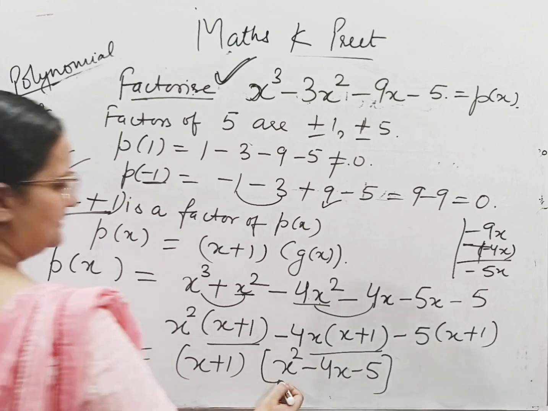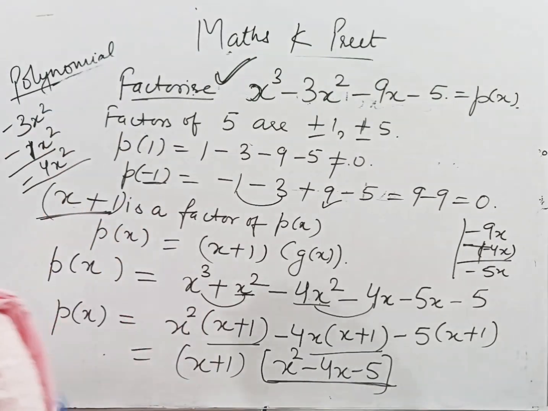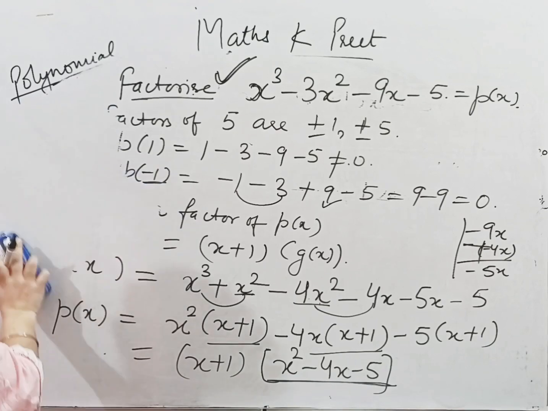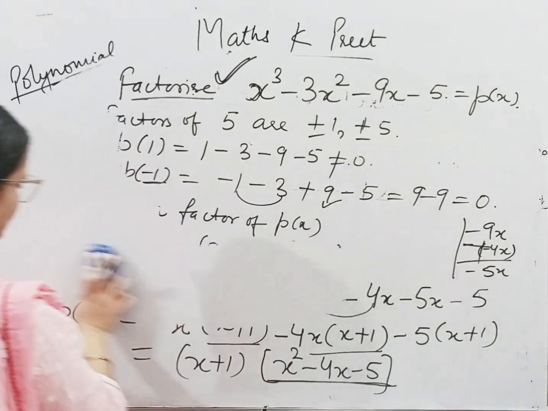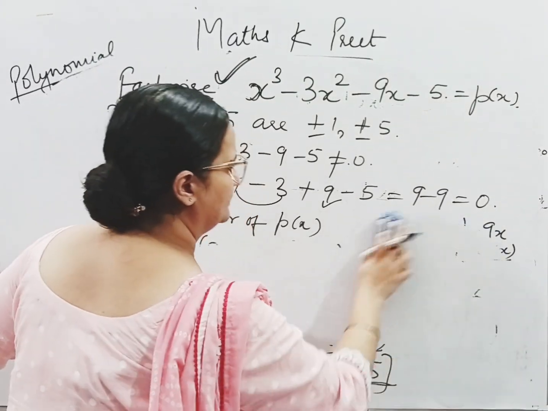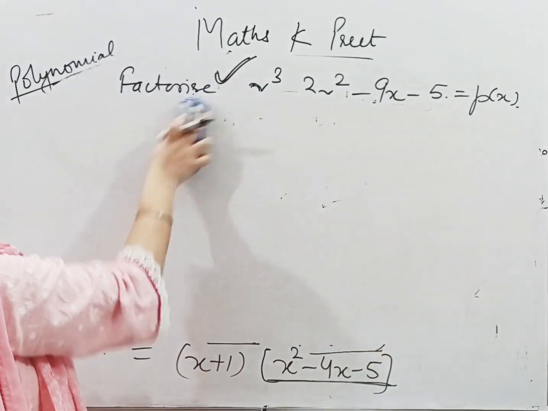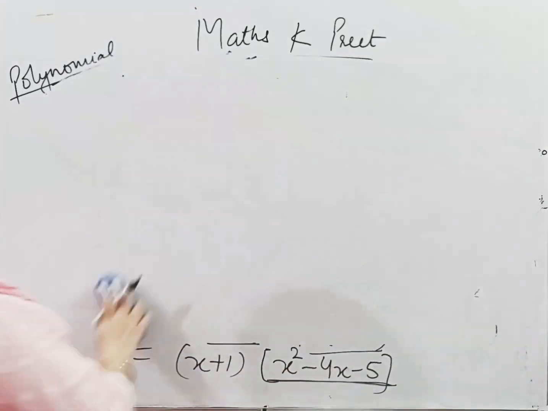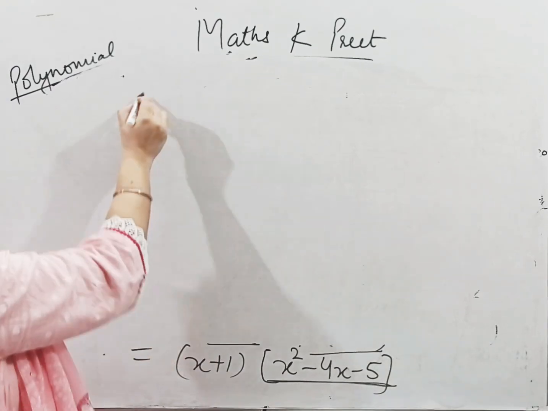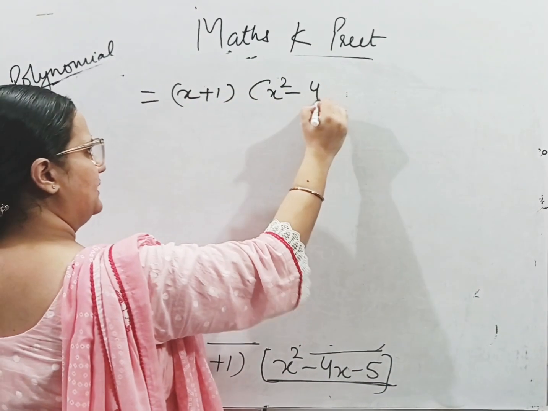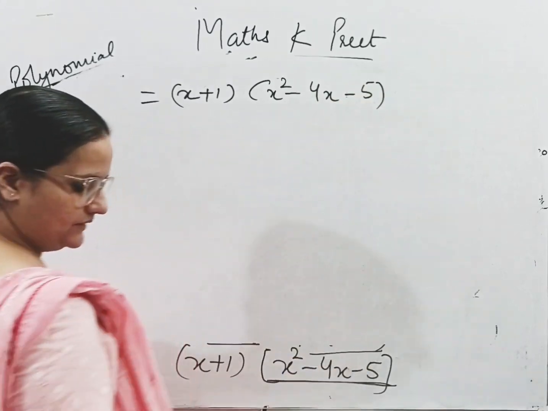Now this is again a quadratic. We can use the split method to factorize the polynomial. So now we are left with x plus 1 and x square minus 4x minus 5.